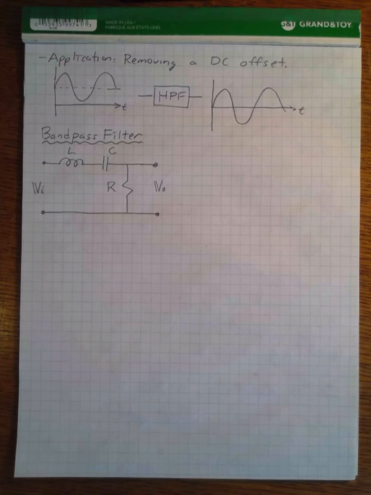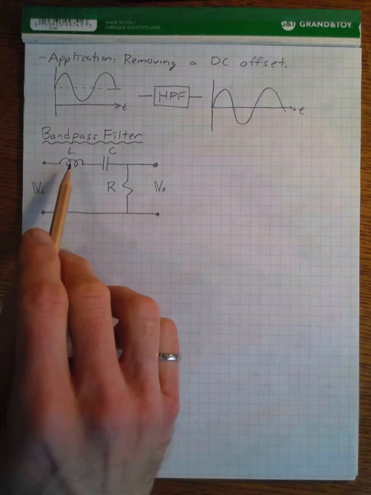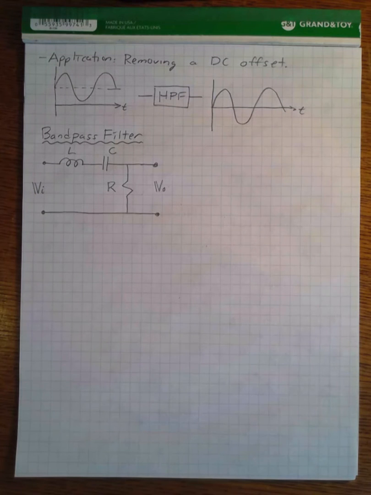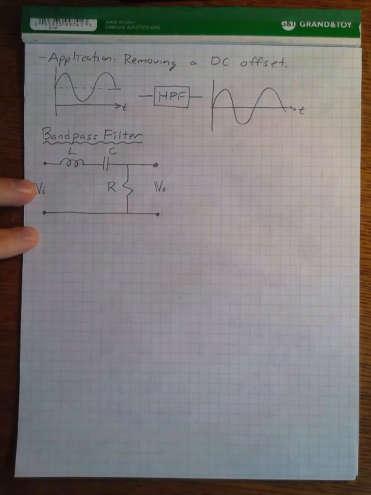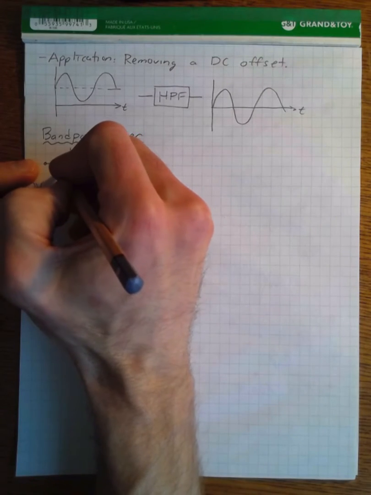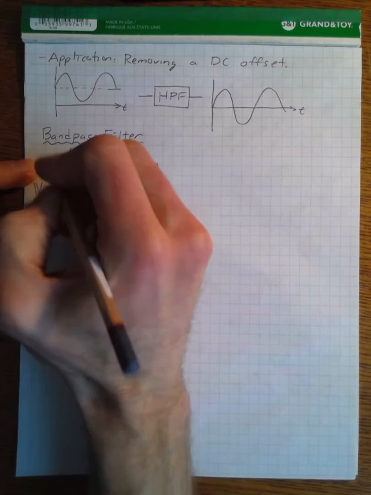Okay, the next structure, and this structure has 3 elements now rather than just 2, is the bandpass filter. And so the bandpass filter has an inductor and a capacitor in series with the input, and then a resistor in parallel with the output. And we're still going to use the voltage divider rule, even though we've got 3 elements.